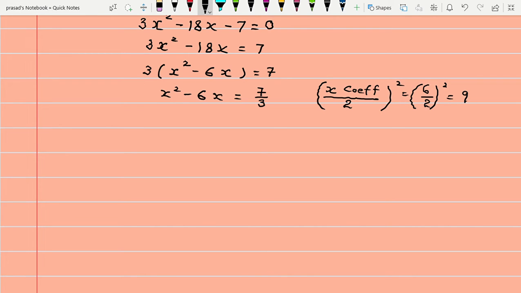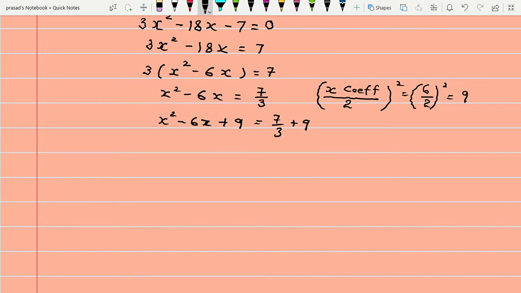Now 9 I will add on both the sides of the equation. So x square minus 6x plus 9 is equal to 7 upon 3 plus 9.